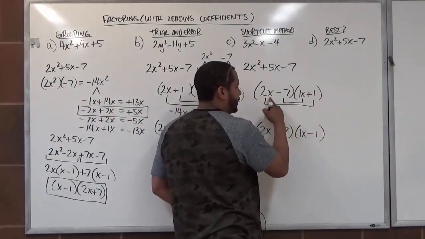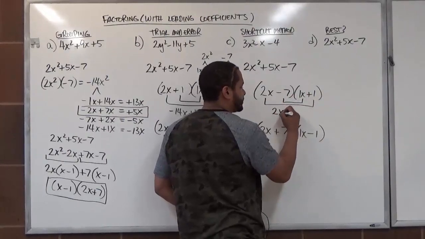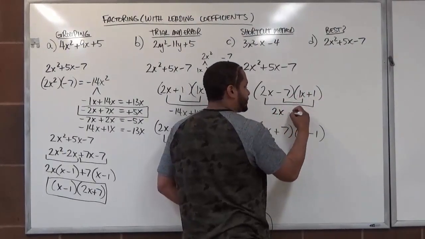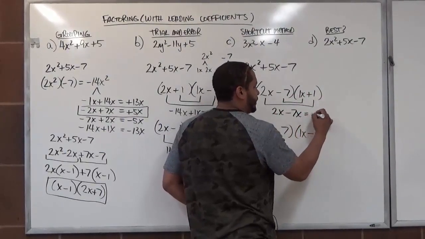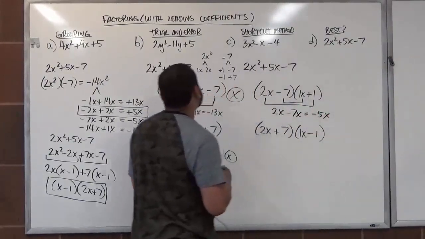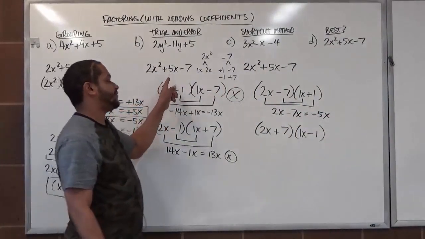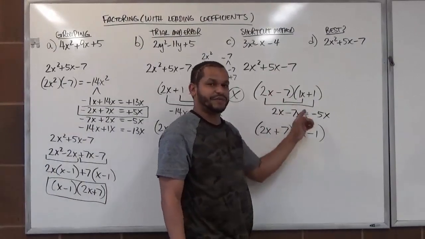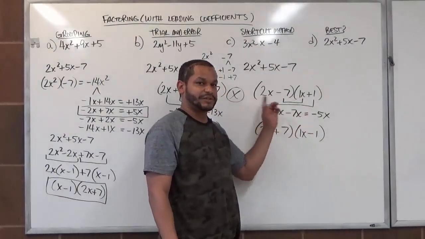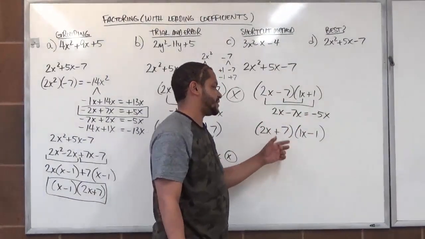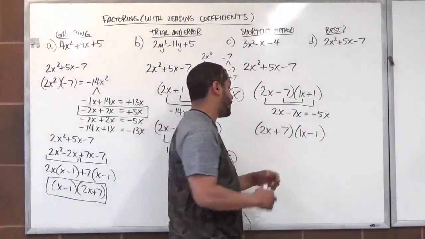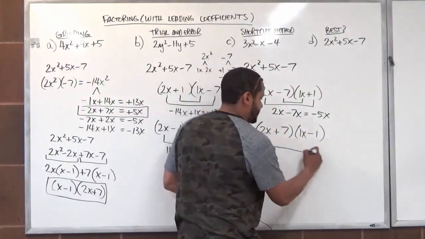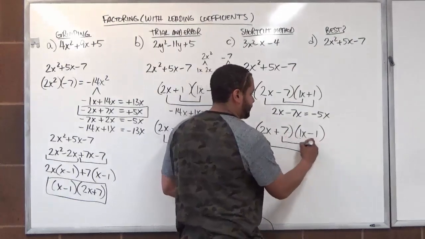And so here, when we continue, we see we have 2x's by 1 and negative 7 by x. And here 2x by 1 is just 2x's. Negative 7 by 1x is negative 7x's. And here we see we have negative 5x's. We're looking for positive 5x. So we know that we have the right magnitude, but the wrong sign. So usually in these cases, we just have to switch the signs. And so in this last case, we have 2x's by negative 1 and 7 by x.